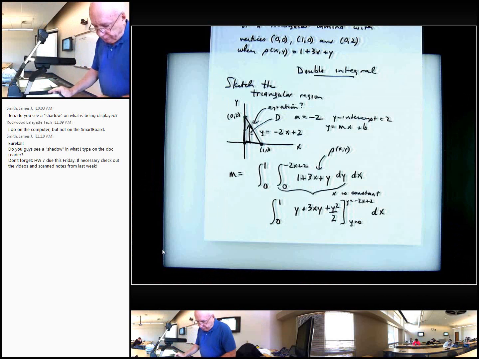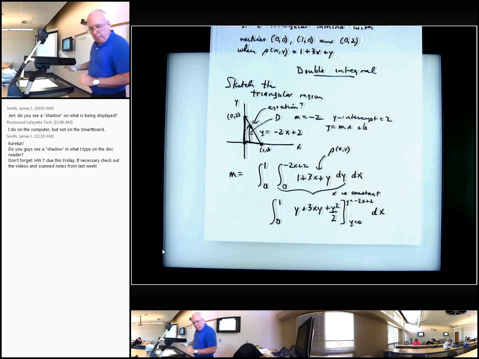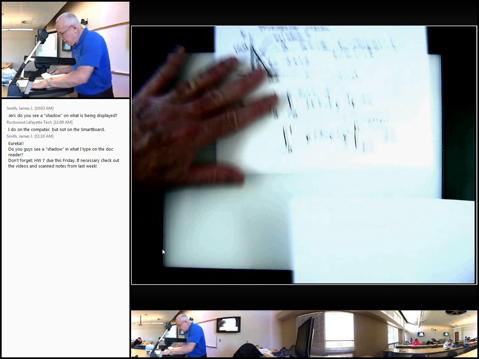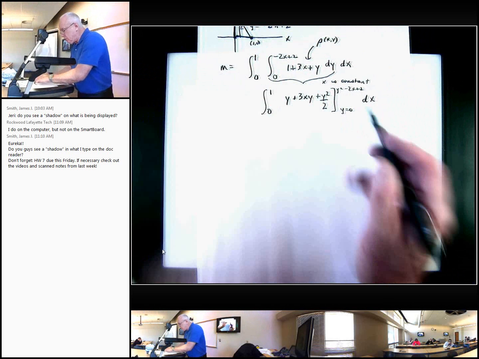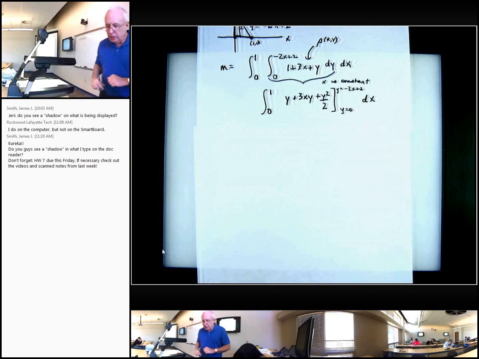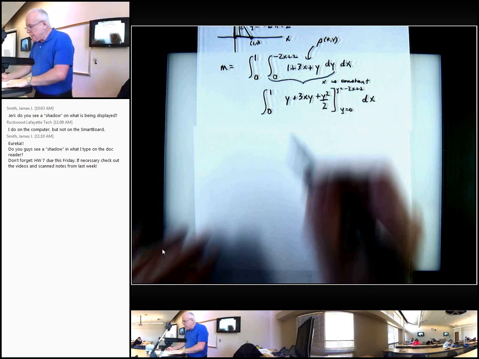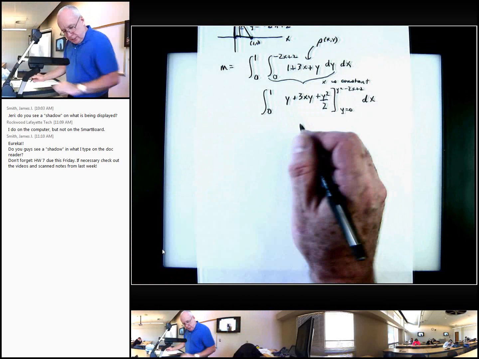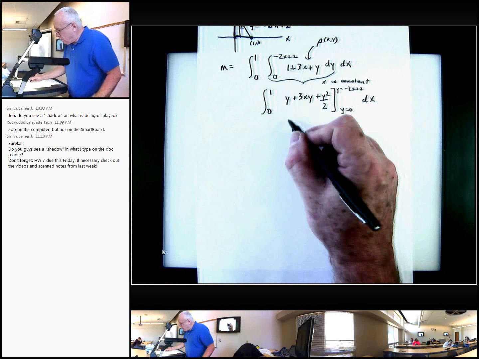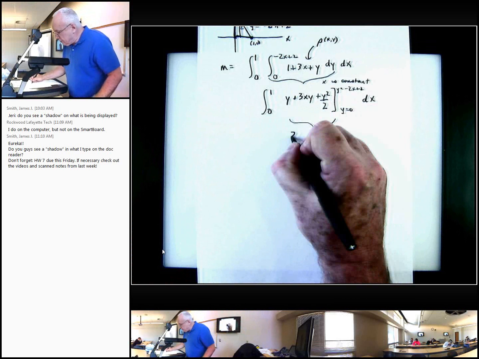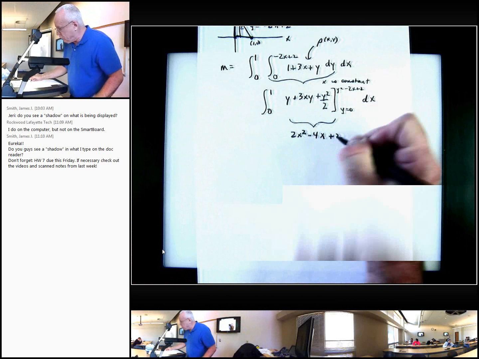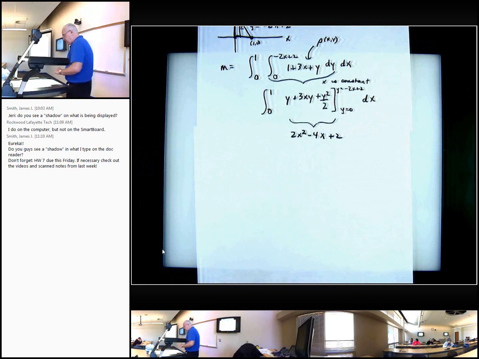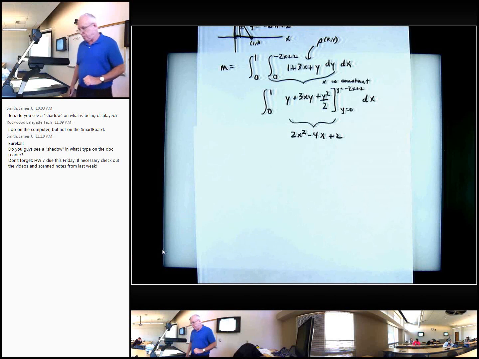Now, the lower limit here is easy. When y is 0, that's 0, 0, and 0. So that's not bad. I am going to forgo the algebra here and put down what this is. This is going to be 2x squared minus 4x plus 2 when the dust all settles. That's what we're going to get there.